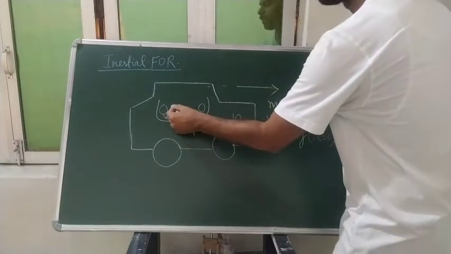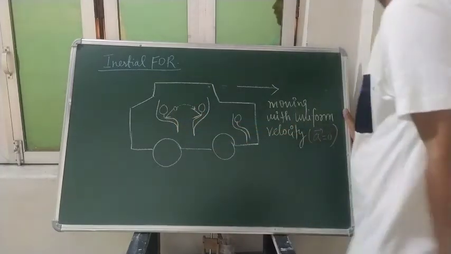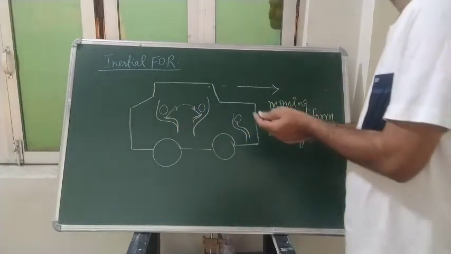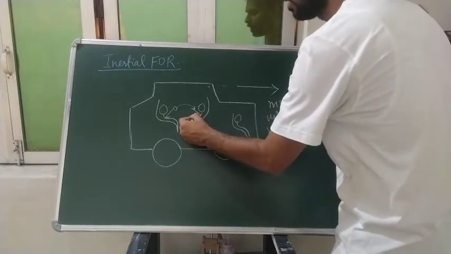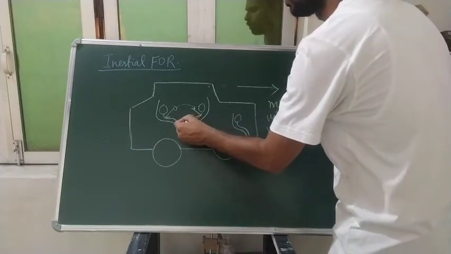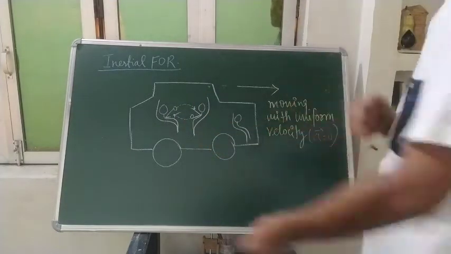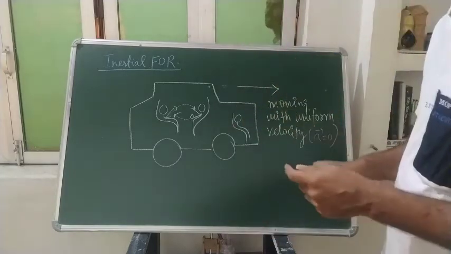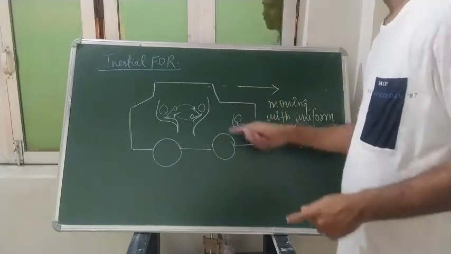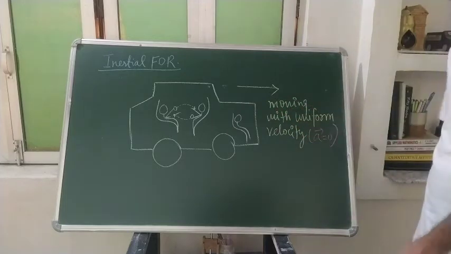You are throwing the ball to your friend and your friend is catching that ball. Again, your friend is throwing the ball to you and you are catching. Like this, you are playing catch in a car which is moving with uniform velocity.